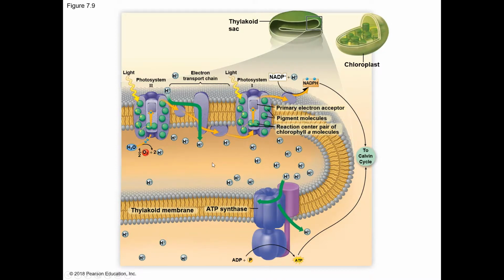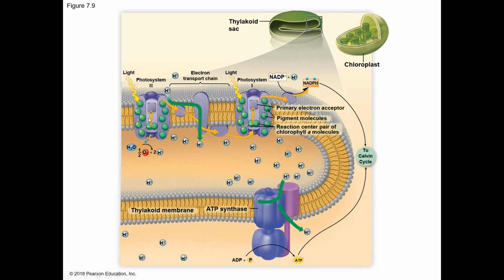Now, there's actually another source of hydrogen ions that's contributing to the concentration gradient, and that's the splitting of water. Because remember, as the electrons leave PS2, we can say that PS2 is oxidized because PS2 loses its electrons.